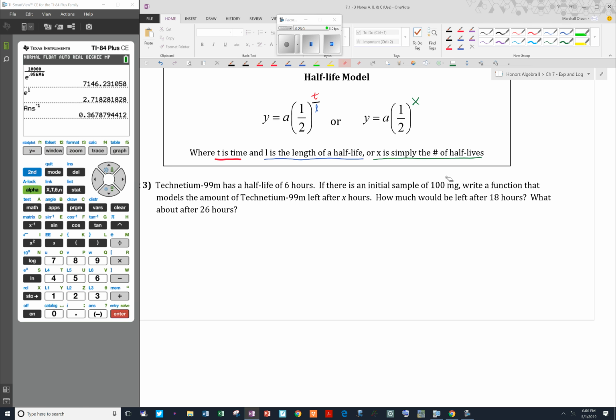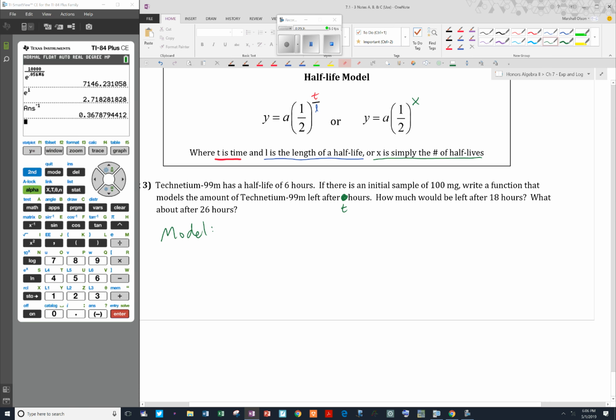So it says if there's an initial sample of 100 milligrams, write a function that models the amount of that stuff after x hours. So let's do this. Our model after, actually, I'm going to call it after t hours, to match what we were doing up above.